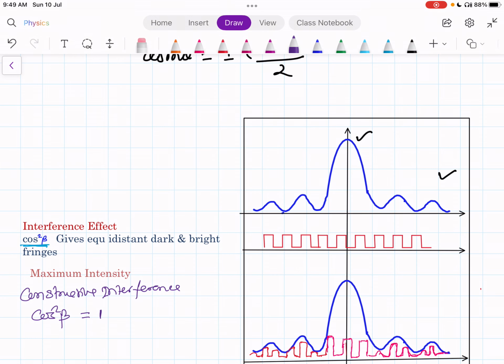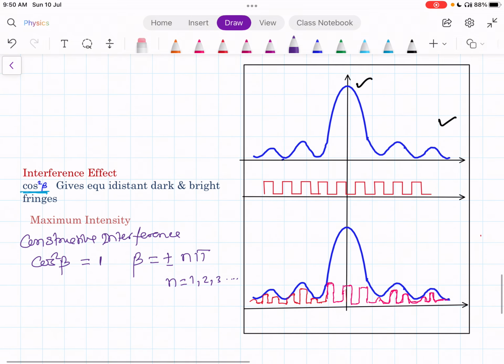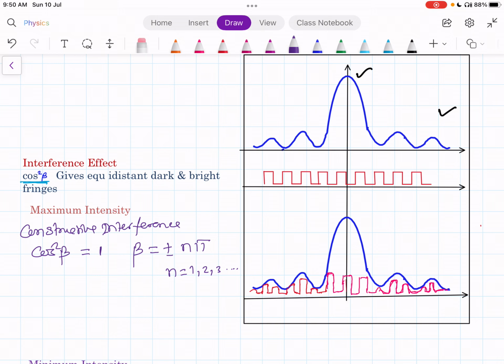For that, beta should be plus minus n pi, where n is 1, 2, 3, etc. You know the value of beta: beta is equal to pi by lambda a plus b sine theta.